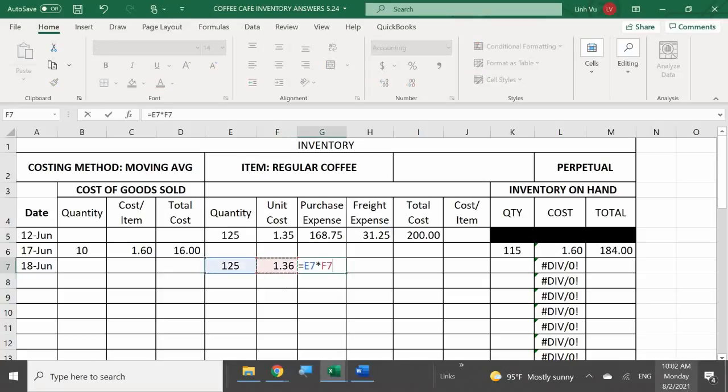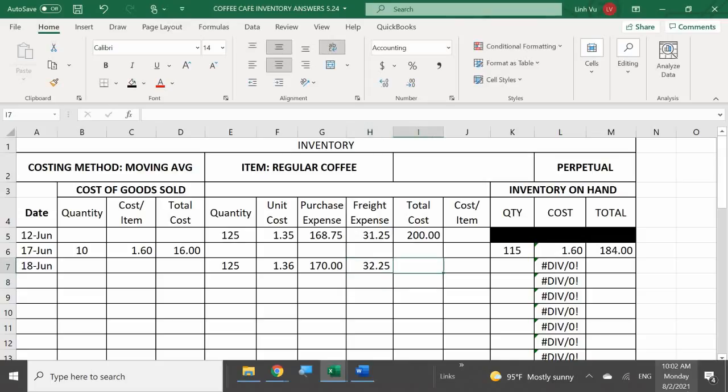That brings my total purchase 170, right? My freight, 32.25, brings my total cost to be 202.25. Good.